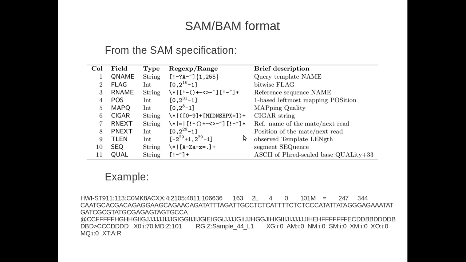The PNext is the position of the mate. The TLEN here is the distance between the paired reads on the chromosome. Then there is the sequence of the focal read and the Phred scaled base quality plus 33. This is directly from the FASTQ, which contains the base qualities of the individual nucleotide bases in the sequence.